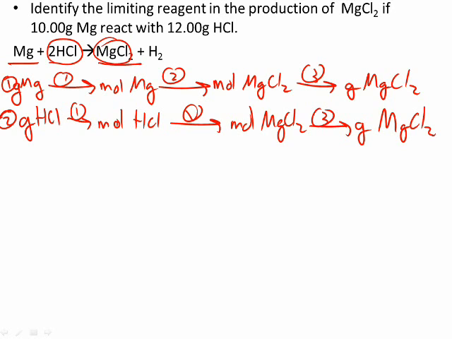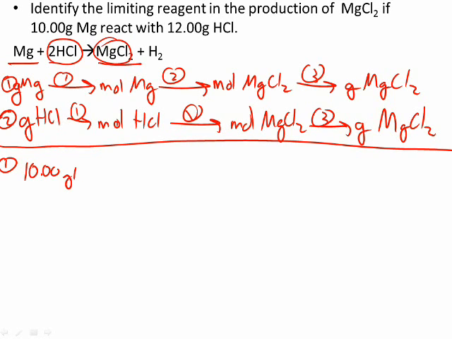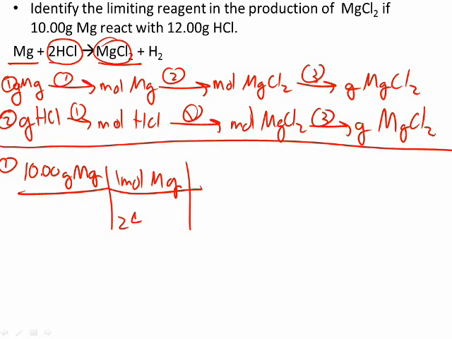Alright, so let's just start with the grams. Let's do the first problem there. Problem number 1, we start with 10 grams of magnesium, and we want to go to moles of magnesium. So in 1 mole of magnesium, we have 24.31 grams of magnesium. Remember, we get the molar mass from the periodic table. Alright, that's the first part. The second one, mole ratio from the equation.